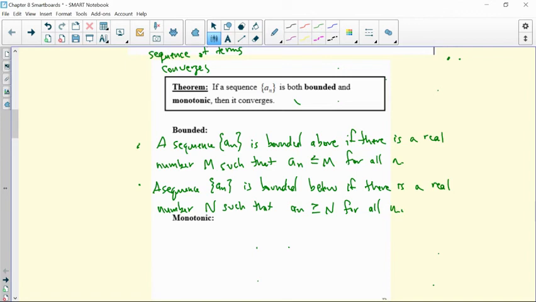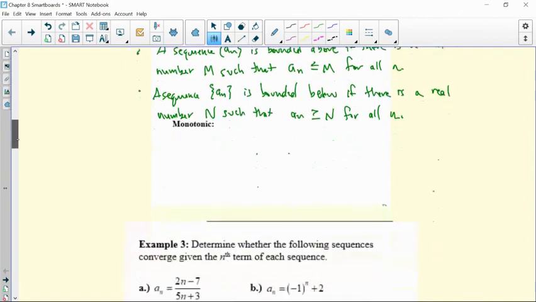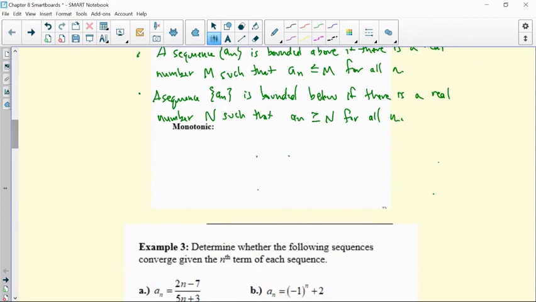Okay. So what does it mean to be monotonic? To be monotonic, it just means that all your terms are either non-decreasing or non-increasing. I'll show you with an example in just a second. So non-decreasing meaning a_1 is less than or equal to a_2 is less than or equal to a_3, less than or equal to a_4, less than or equal to a_5.